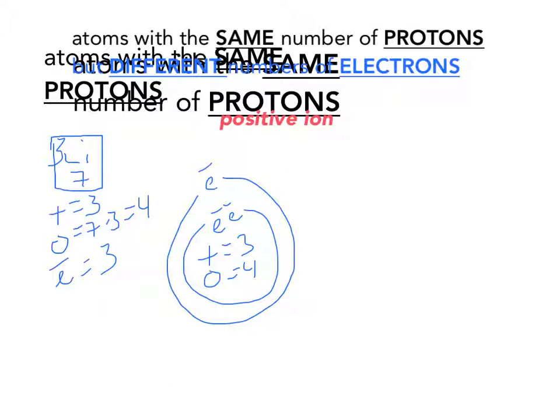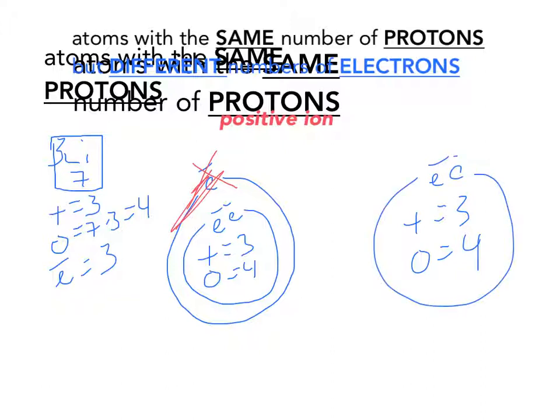What ends up happening is it gets rid of that outer electron. And so then what it looks like is it's got that 3 protons, that 4 neutrons, and then only a complete outer shell.